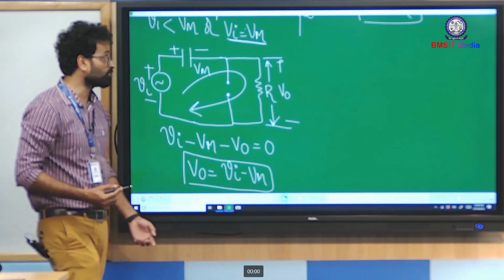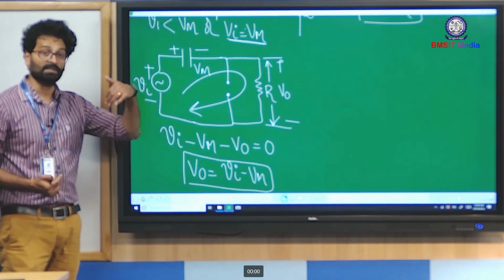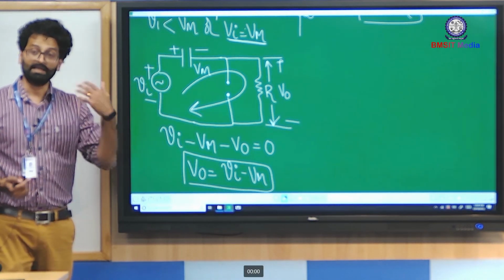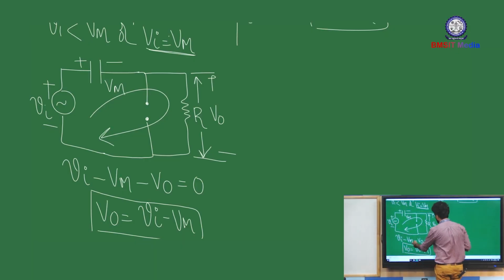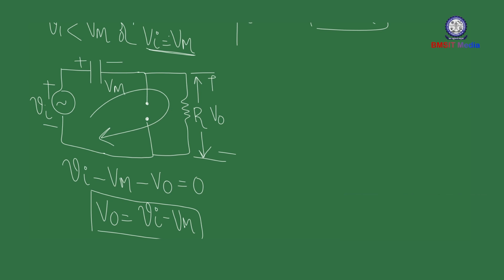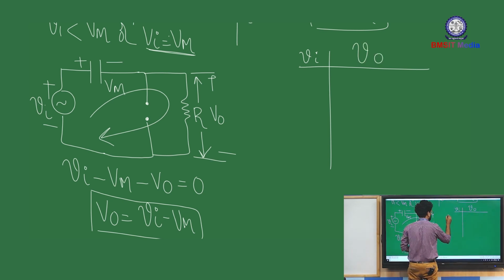Using this output equation, you can determine the status of the negative half cycle of the output as well. So you make a small table: this is your input and this is your output, and you want to find the output for the positive half cycle as well as the negative half cycle.